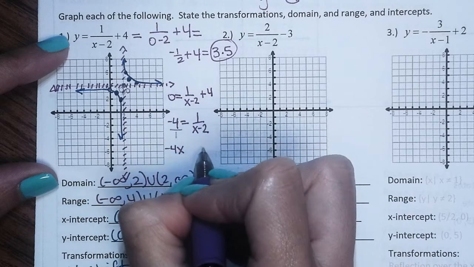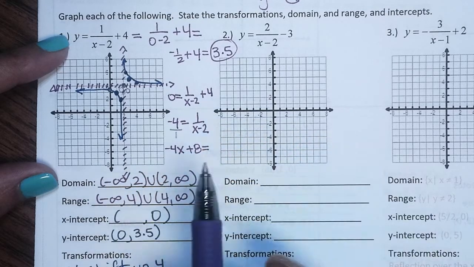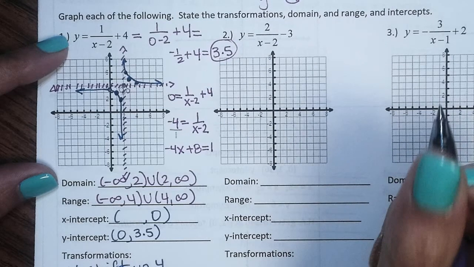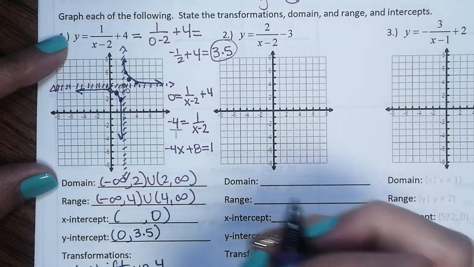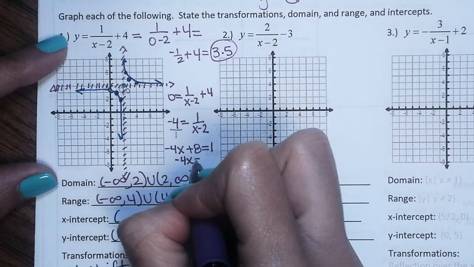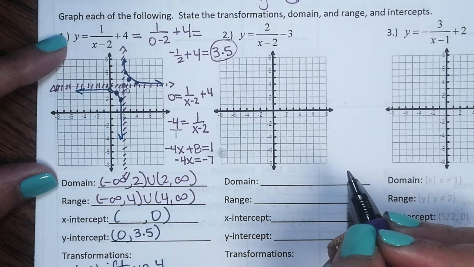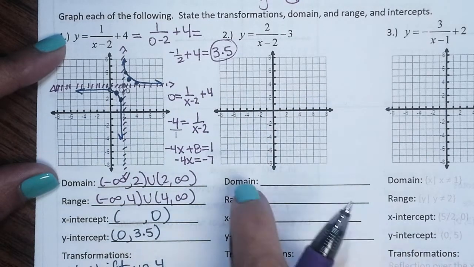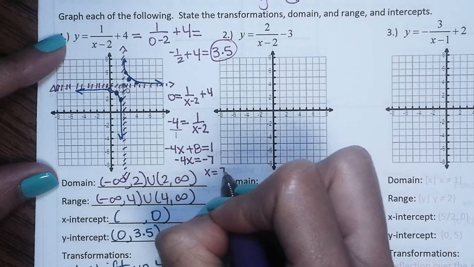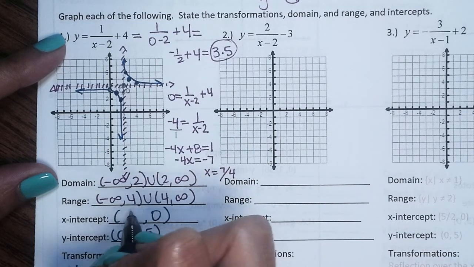Negative 4 times negative 2 is positive 8. Equals 1 times 1 is just 1. Now that's just a simple linear equation, so solve it for x. Negative 4x equals negative 7. It looks like x equals positive 7/4. So that's my x-intercept.